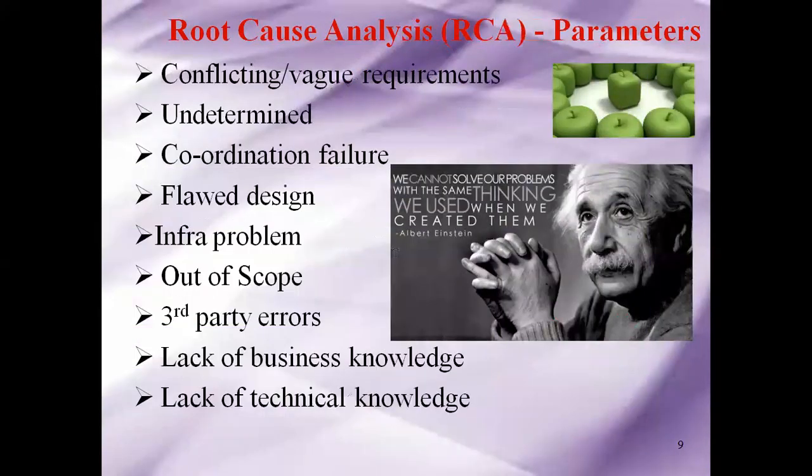Okay. So usually the parameters for root cause analysis are conflicting or vague requirements, and undetermined causes. Okay. Vague requirements, all of us know. When you look at a particular design document, or even a functional specification document, what basically happens is, if they don't know the design element, or the marketing team has not percolated the information down in the right way from the customer or the client, then you get a conflicting requirement or a vague requirement, which will not be actually correct, but it will still carry forward because they just want to satisfy the customer.